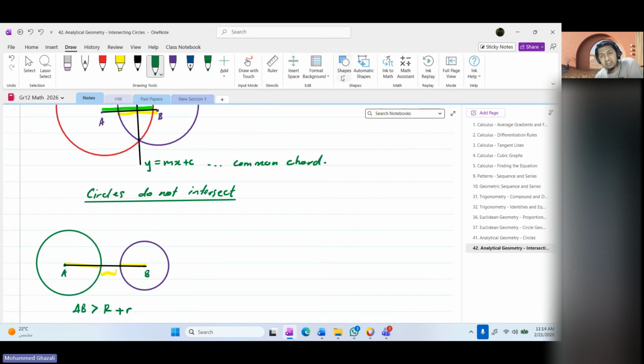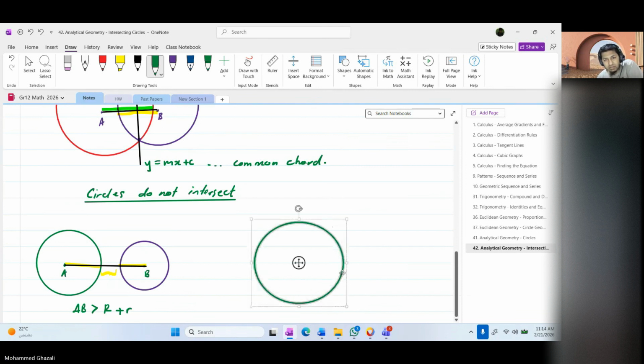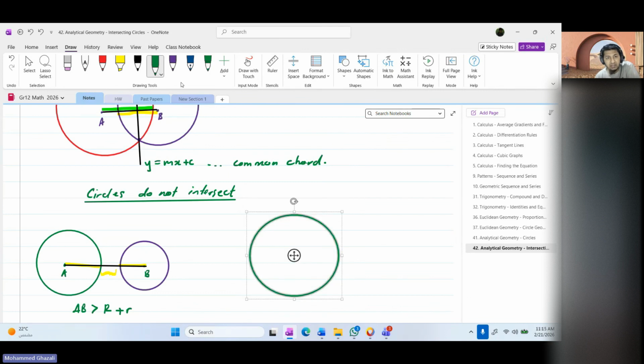Now there's another case when they do not intersect. When we have a circle and we have another circle on the inside, but they do not intersect at all. See, you have like a smaller circle on the inside. So these are the two centers, right? So now these are all the possible cases. This is center A, right?